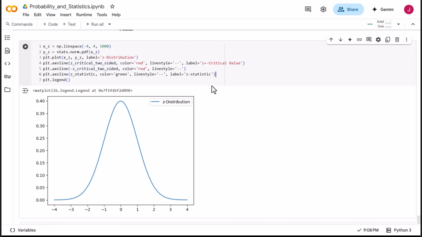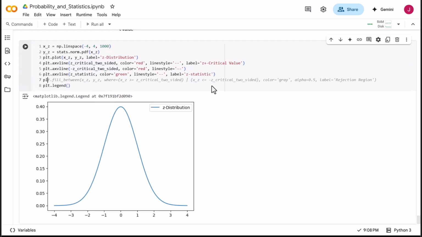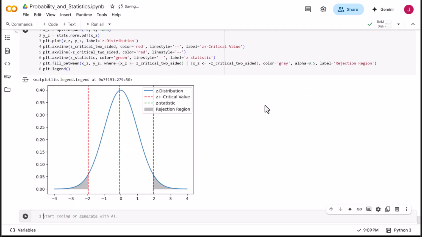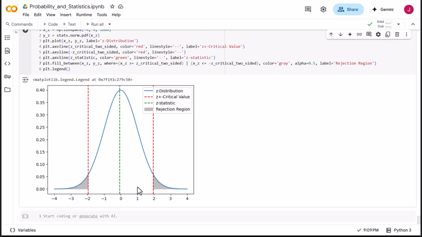Then here we can also add the z statistic, and then we can fill x, y, where x is greater than z critical two-sided or less than minus this one, and then we can label the rejection area. So in this way, we can plot the z distribution, and these red lines are the critical values, this green one is the z statistic, and the shaded areas are the rejection regions.